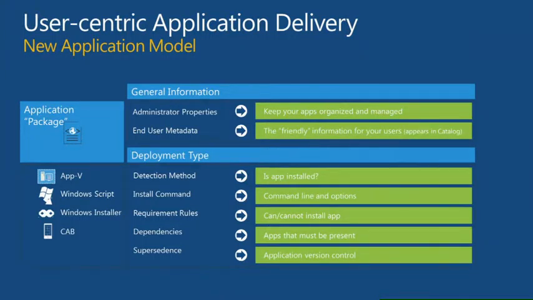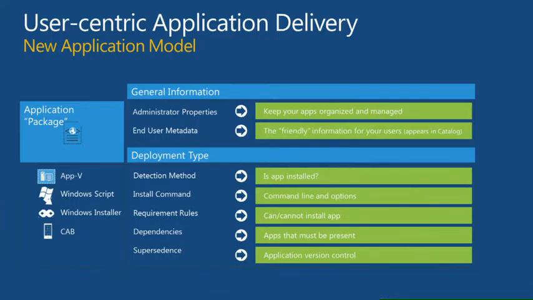And the last two things, dependencies and supersedence, are the relationships between different applications. This is a very cool part. It gets me excited, because now you have multiple apps created in the Config Manager console, and you can say, let's say, an App-V application is dependent on an App-V client being installed first.